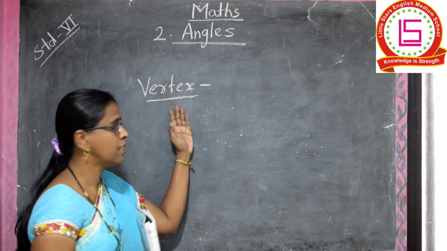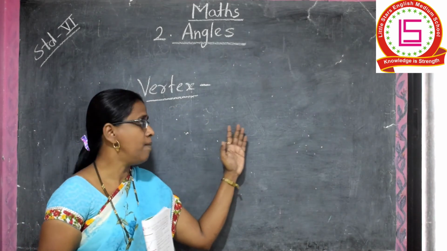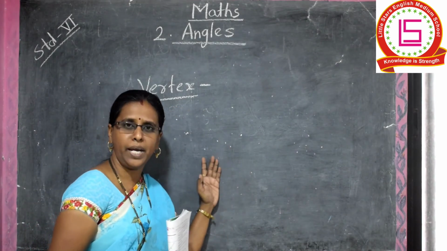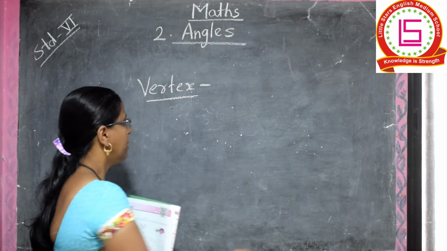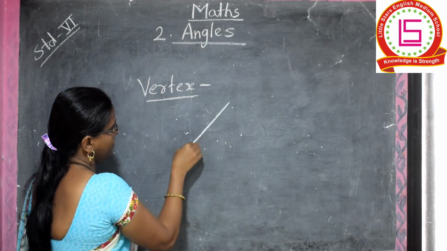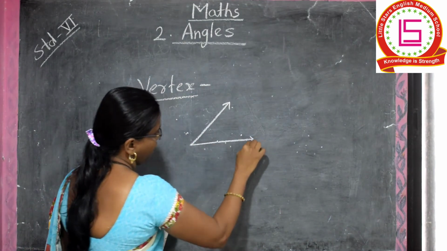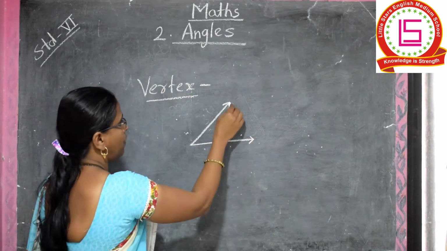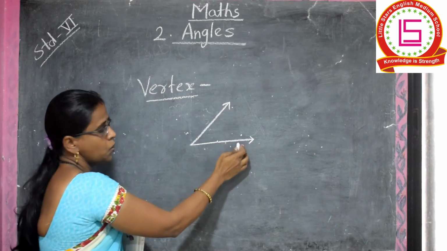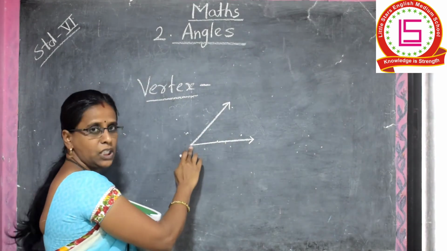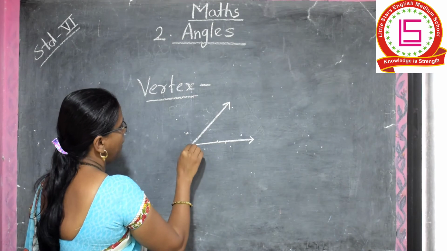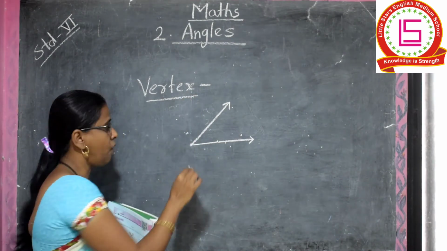Vertex means the point at which the arms of the angle meet each other. This is one arm of the angle and this is the second arm. These two arms meet each other at one point, and that point is called the vertex of the angle.